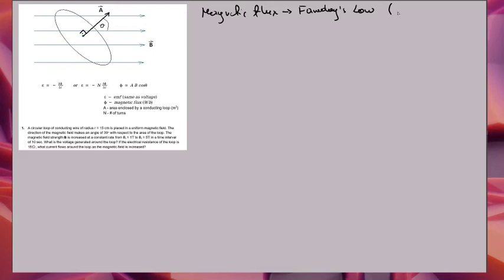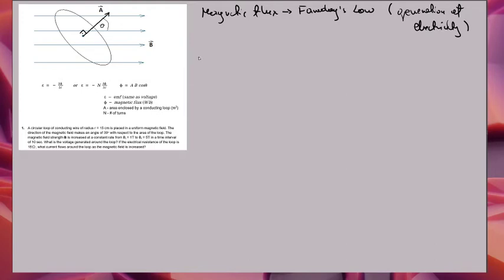So I'm going to put here generation of electricity by using the magnetic fields. So you can produce electricity with magnetic fields, and let's see if we can make sense out of it.